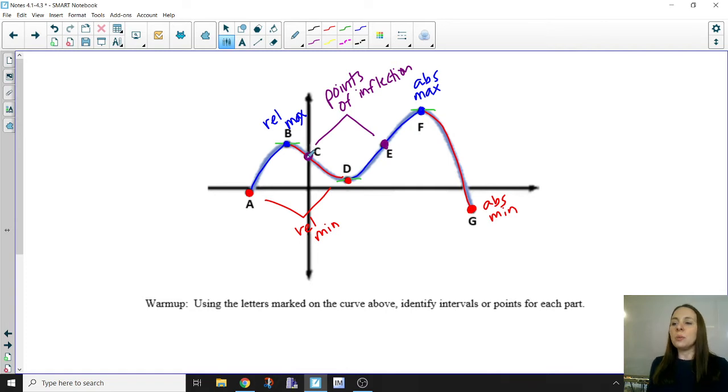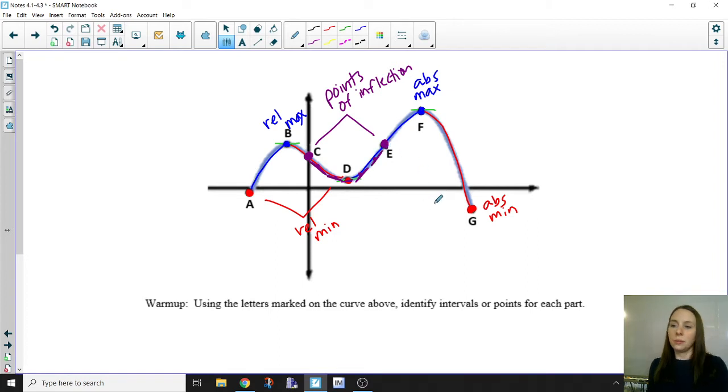But if you look at a concave up section, so I'm looking at from C to E, at any point in a concave up section, you draw a tangent line. First of all, that tangent line is going to be underneath the graph. Look at this one, it's underneath.